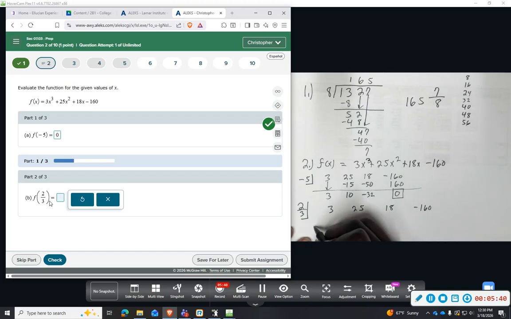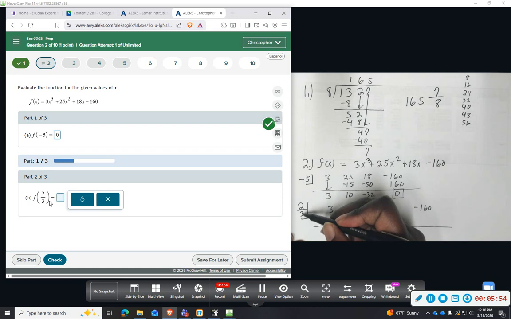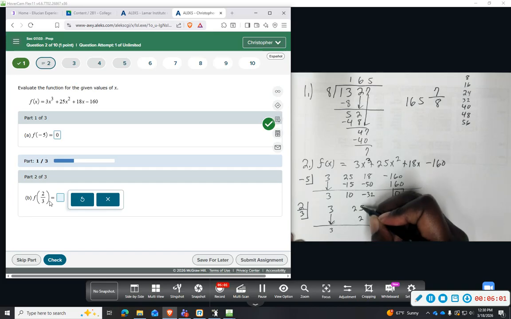Now this is a little bit more challenging when you're doing a fraction, but it still works out about the same. What happens is we're multiplying by 2 and dividing by 3 at the same time. You can do either one first. So I like to think of it as 3 divided by 3, which is 1, and then 1 times 2 is 2. And then when we add these, we get 27.